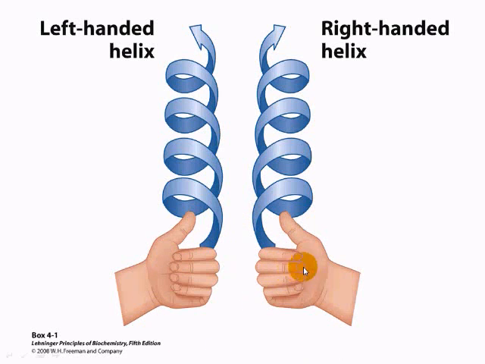But the way that you do it is you just put your hand like that, and then the fingers right here are pointing in this direction, and so that's the direction that the alpha helix will move. And so it moves towards the right, and your fingers are pointed towards the right. Over here your fingers are pointed towards the left, and so it moves towards the left.